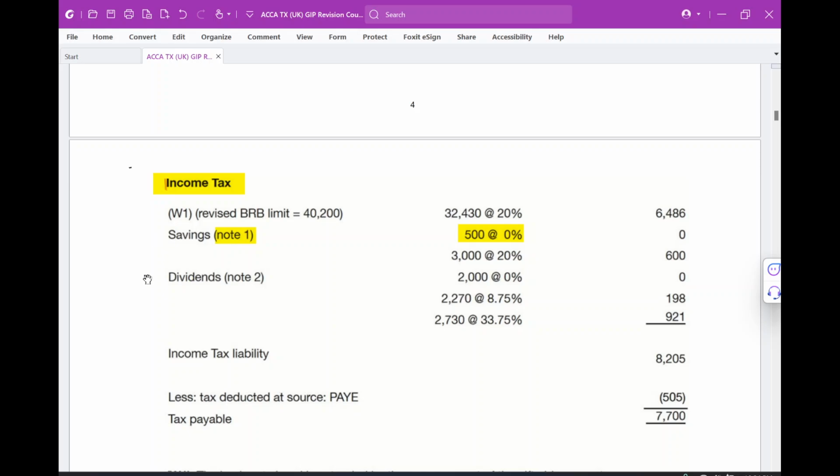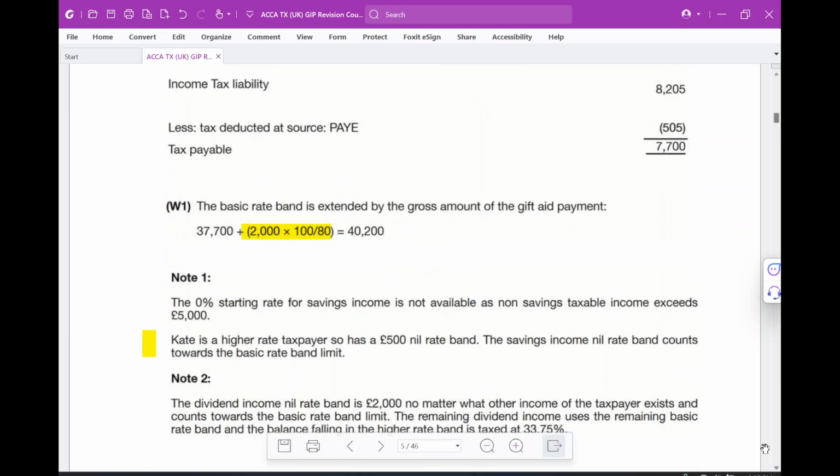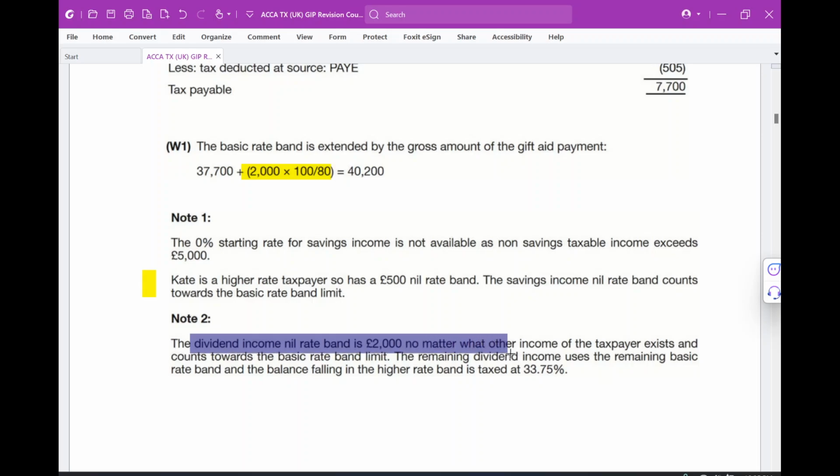Now, moving on from the non-savings income and the savings income that we've dealt with, which was a little bit tricky, the dividend income: we see that note 2 is relevant here. And what we'll see with dividends is that the application of rates is slightly less complicated, at least in the first instance. You'll see in note 2, the very first sentence, that the dividend nil rate band of 2,000 applies no matter what the other income of the taxpayer is, and it also counts towards the basic rate band limit.